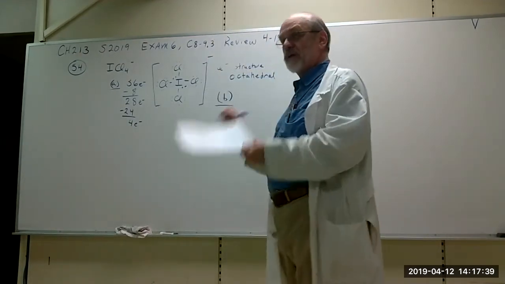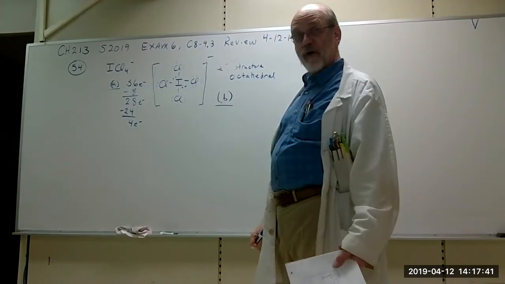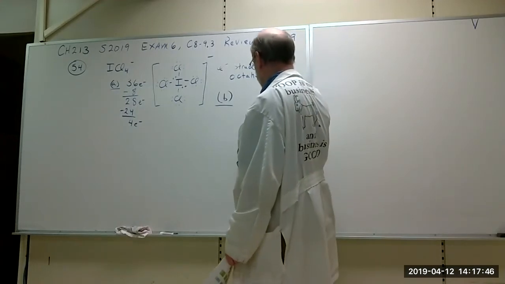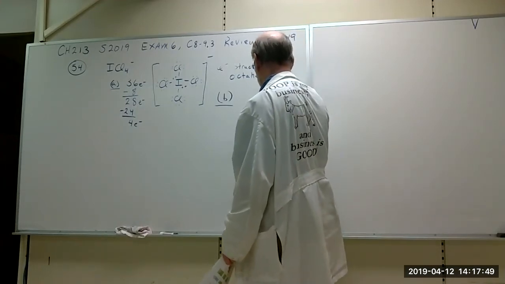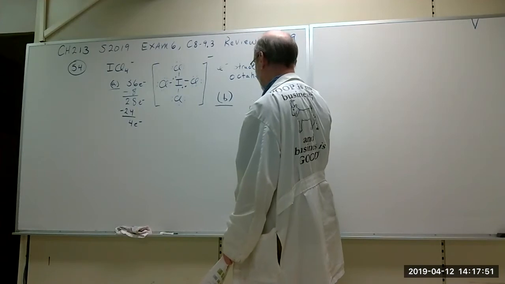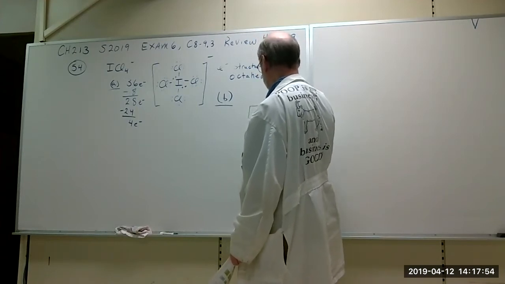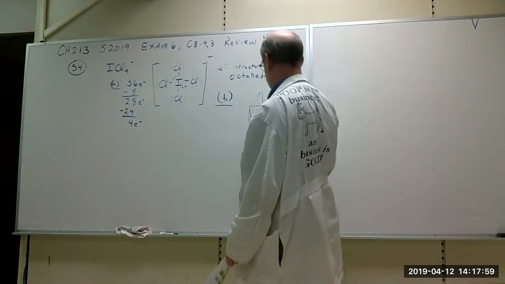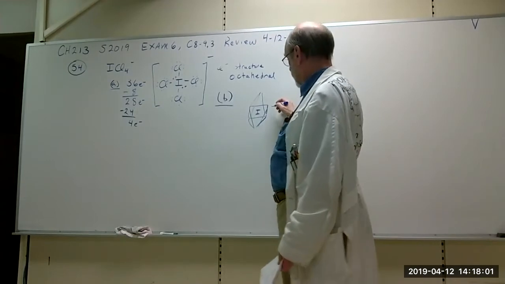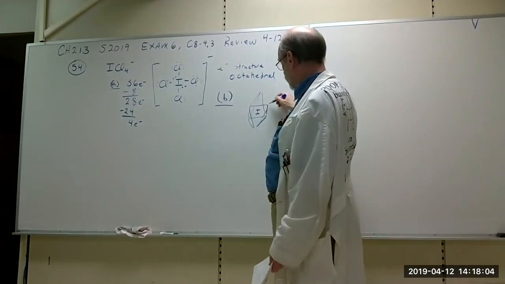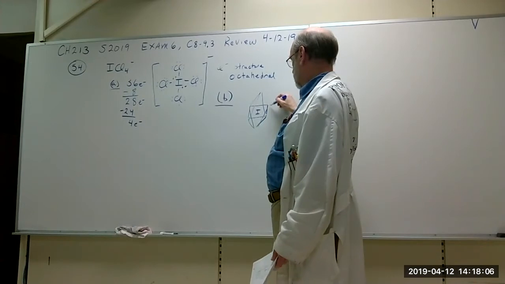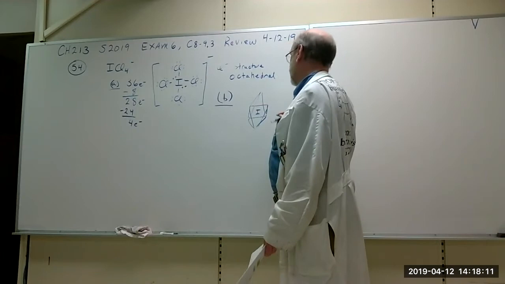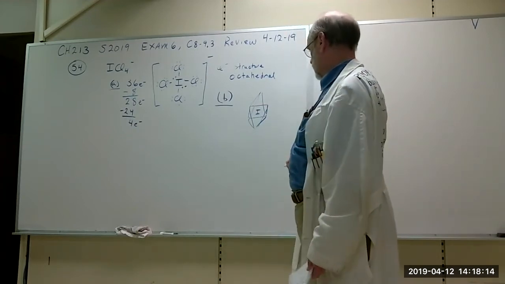The question is, where do those lone pairs go? They want to go as far away from each other as possible, right? So the octahedron is like that with iodine in the middle. You could put chlorines up here, then you'd have to put lone pairs down here, and that would give you kind of a lopsided picture.